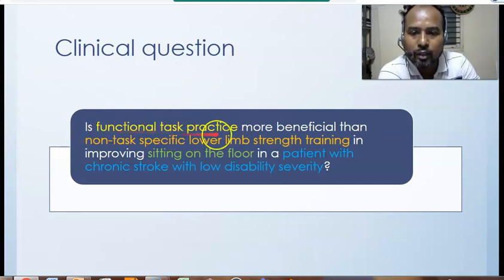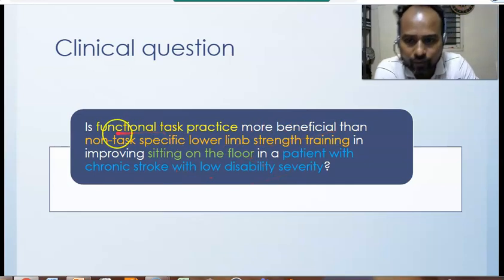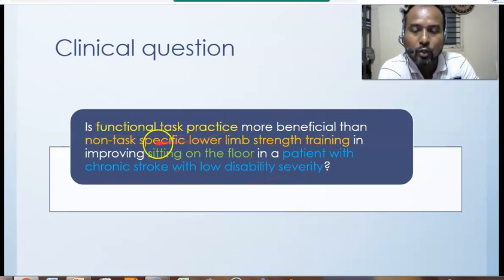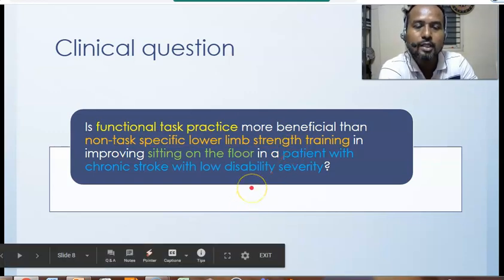So you have the experimental treatment or intervention, which we are interested in, functional task practice, and this is the comparison treatment. We compared that to a conventional treatment and asked whether patients benefit from functional task practice more than a non-task specific conventional training, right? So with this question we moved to the second step.